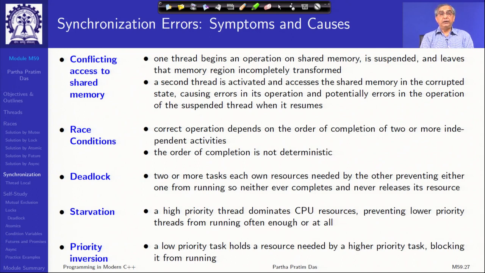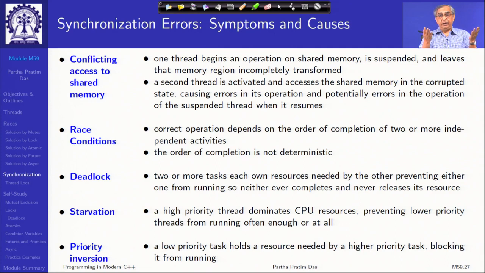But the features that I have already discussed, mutex, lock, future and promise, atomic, async, one or more of these can be used to solve each one of these situations, like conflicting access to a shared memory. One thread is accessing it, and before it has completed the access and put it into a valid state, its time gets over, and the second thread tries to access it and gets an invalid value for the shared variable, and so on. Conflicting access, race condition, you have already seen.